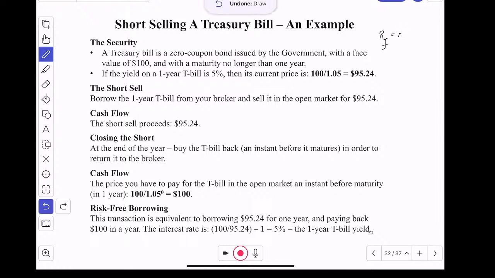I can write it as RF or R T-bill, and that's because the standard deviation is 0.